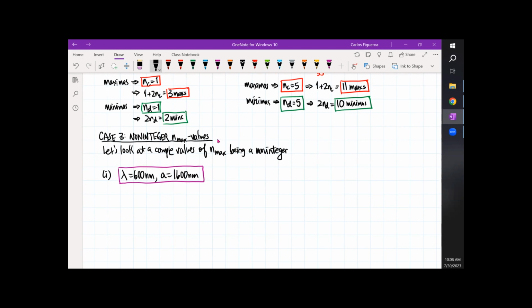What this tells me here is that from our process before, we know that Nmax is the diffraction parameter, which is now 1600 divided by 600, and this guy is now 2.67 for Nmax. What does this mean?